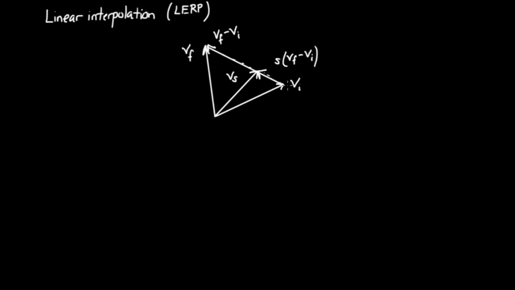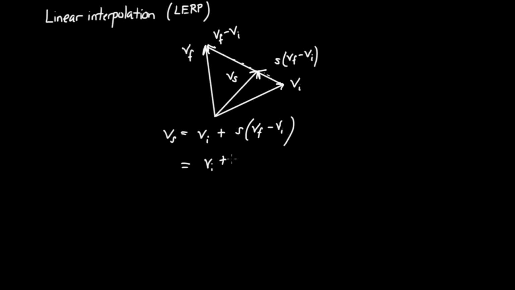Now, to get vs, I simply do the vector sum of vi plus s times vf minus vi. So let me write that. vs is equal to, starting out at vi, that initial vector, add to it s times the difference, vf minus vi. Now, simply distribute that s to both terms.